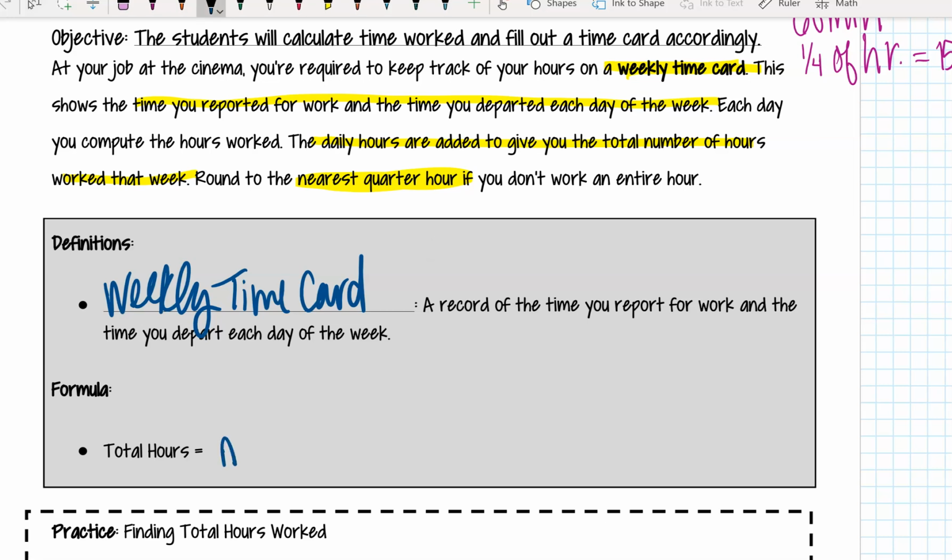You're just adding up all your hours. You're figuring out how much you work that day, and then you're adding them up. There's no real formula for that, because you all can add. You all can figure out your time, because we're going to practice that today, so I know you all can do it.